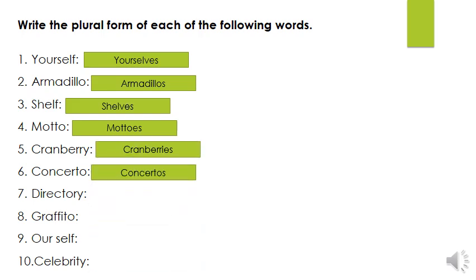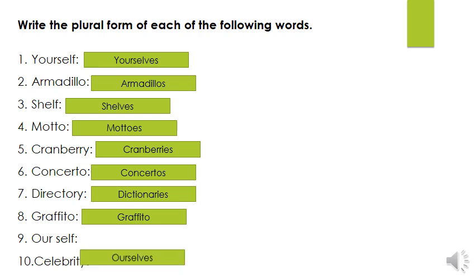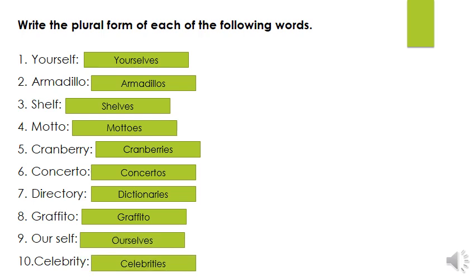Concerto, concertos. Directory, directories. Graffiti, it's graffito, the singular. Graffiti is the plural. Ourselves. Celebrity, celebrities. So this was the spelling lesson.